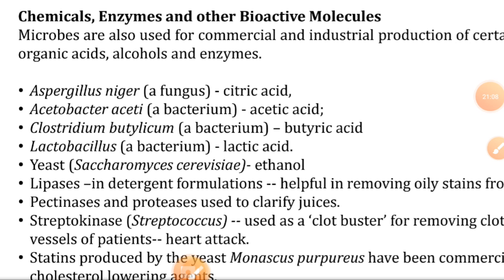So this way this topic is also completed. Please do a quick revision of how these microorganisms are helpful for industrial products. For the production of citric acid, there is a fungus called Aspergillus niger.